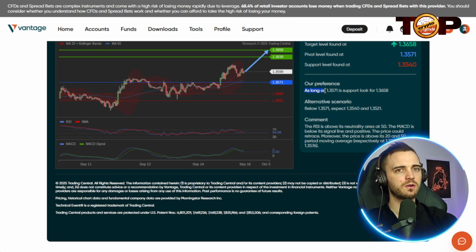So it says, as long as this price is support, look for this price. And if it goes below that, expect the lower price to be potentially a take profit on a short. We can also see some justification of that here as well. So this is based on the RSI, the MACD, and of course other things here as well, including supports and resistances.